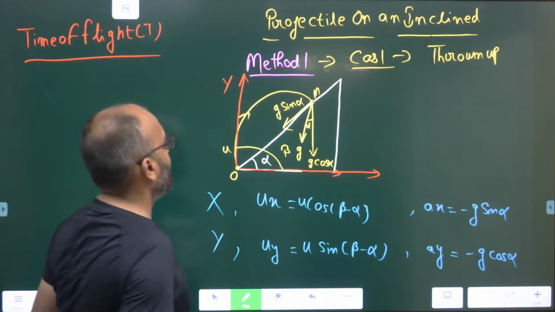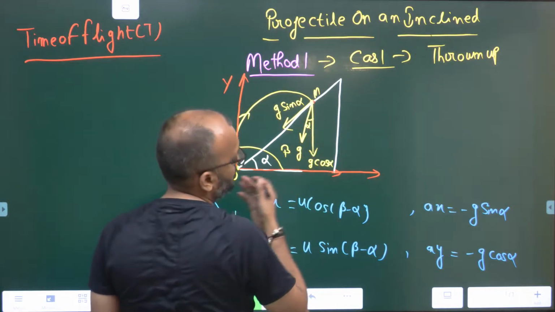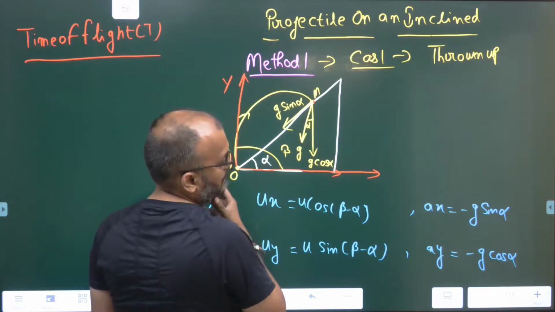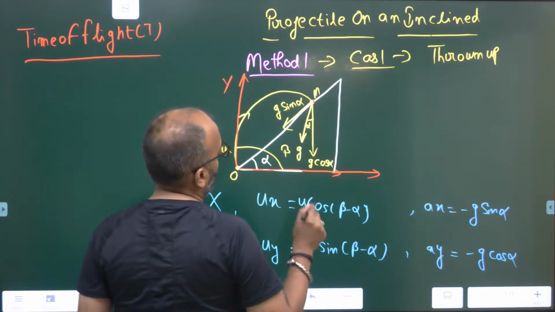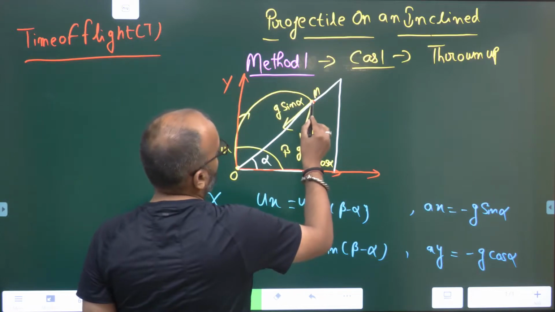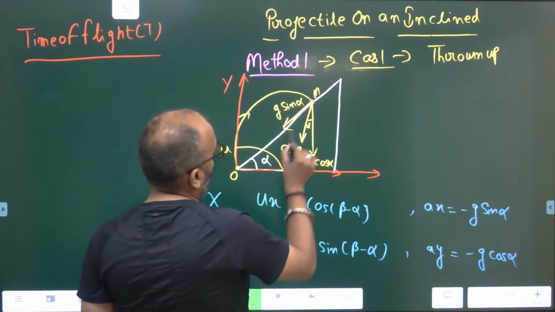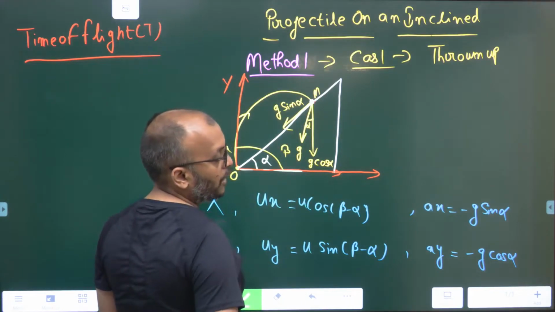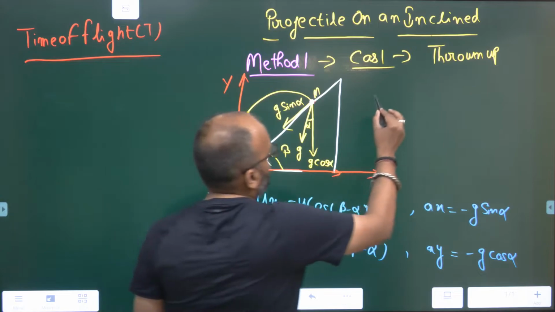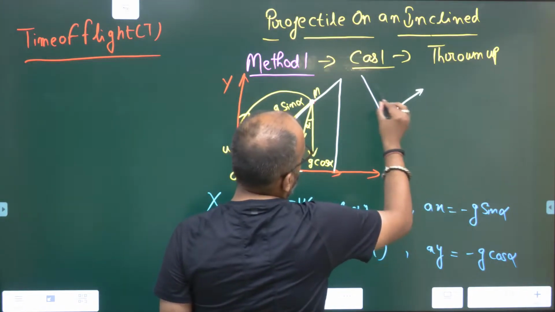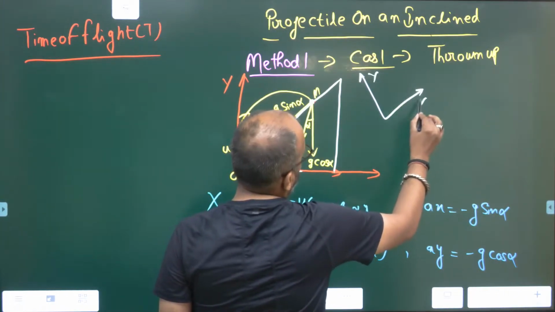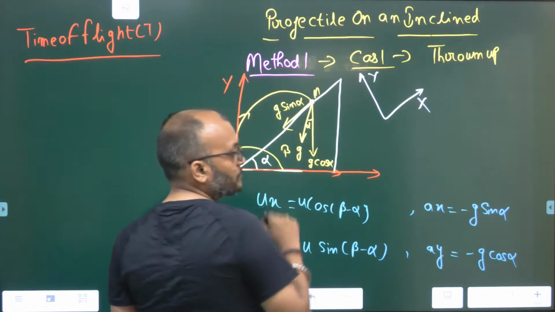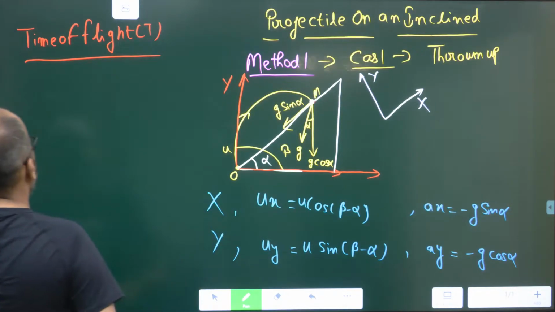There is no vertical displacement. You said yes, u1t plus half a t square. You are telling me the equation. I am asking what will be the value of Sy. So Sy will be 0 because at this point called M, body is along x-axis. Yes or no? See, here we are taking x-axis and y-axis like this. So body is on horizontal axis. So if it is on horizontal axis, its displacement will be 0 along y-axis.